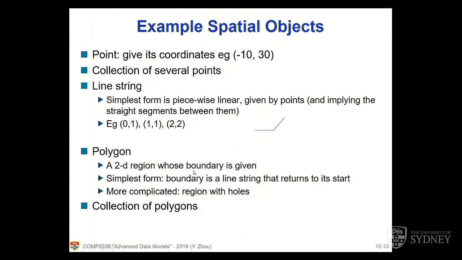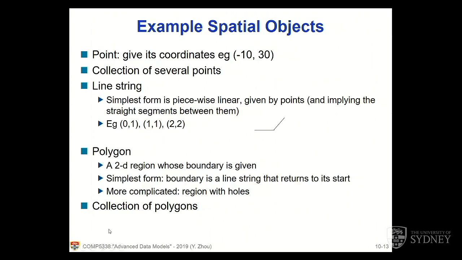And then the polygon is basically a 2D region whose boundary is given by all these corner points, and a pair of points defines a line that becomes the boundary. And then we have a collection of polygons.